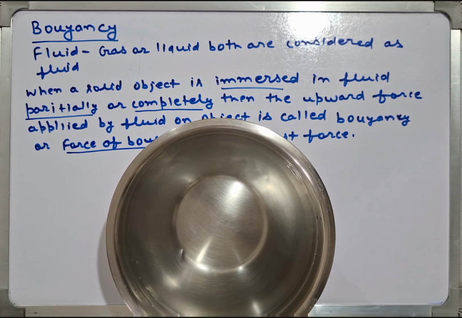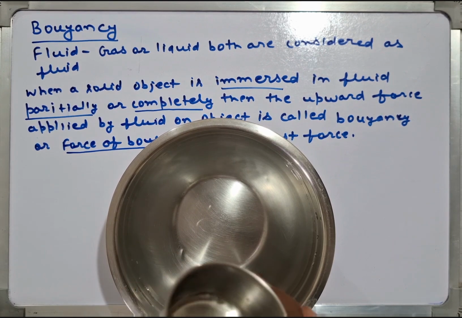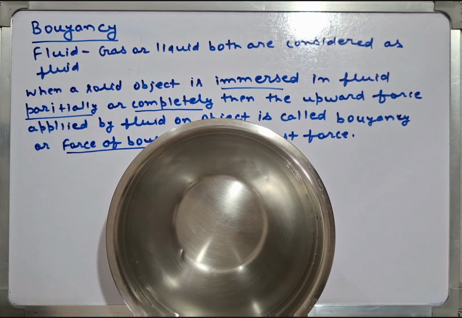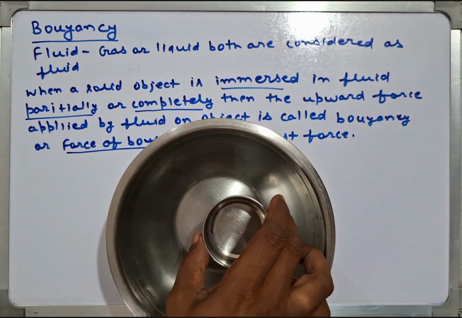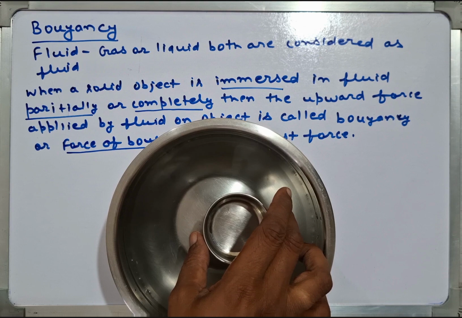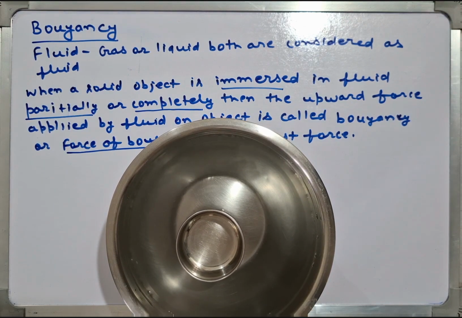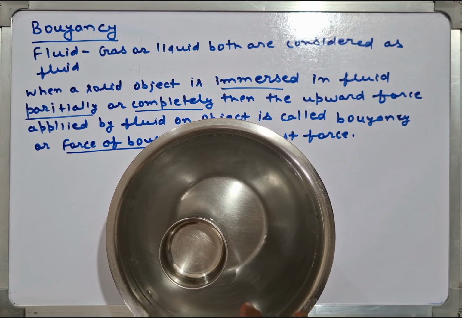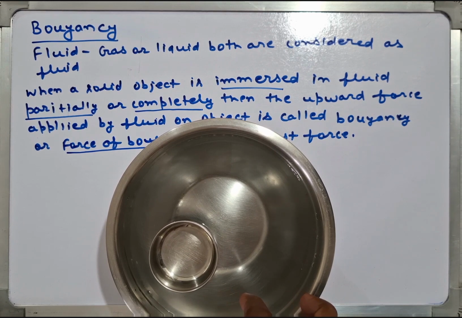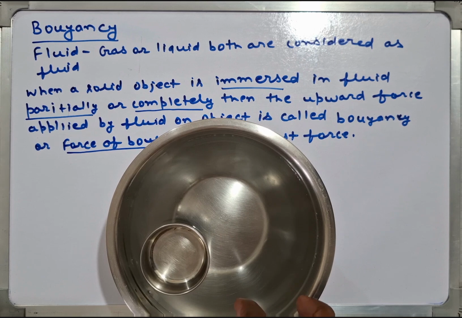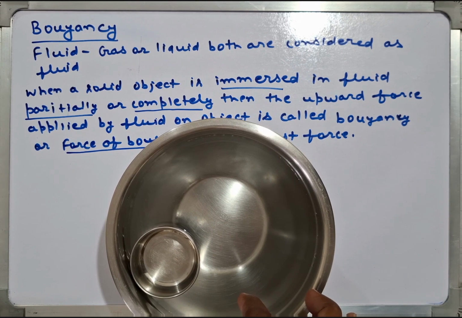Now see one empty container here. When I leave it on this liquid, what happens? Some part of the container is in the liquid, or you can say in water, and some part is out of water. So this is a case of a partially immersed object in liquid.